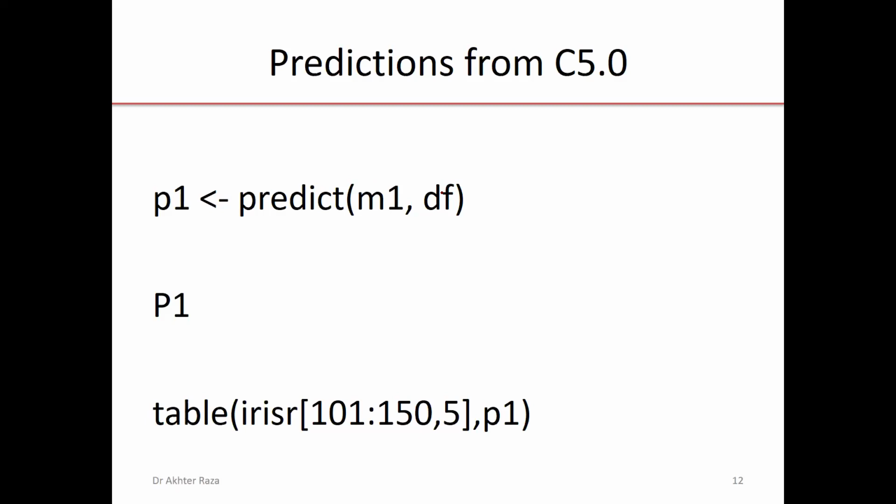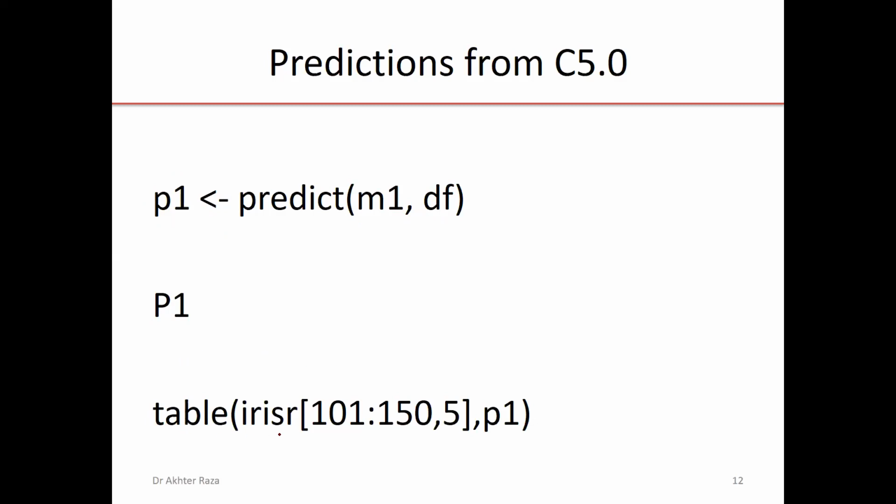So this should be the data set in which we have unknown data, and we are going to predict this unknown data with the model M1, and the predicted results are to be shown in P1. Then the next command will print the value of P1, means how many are classified appropriately or not.